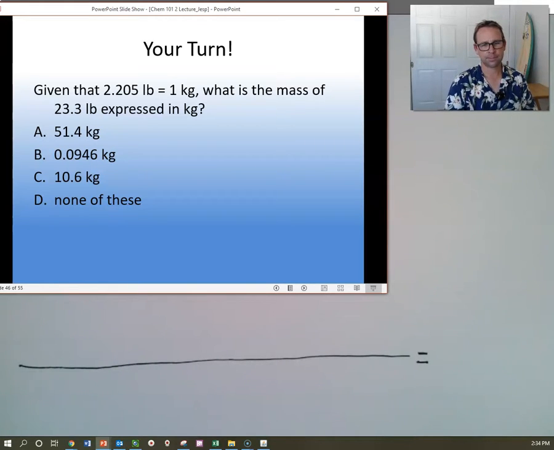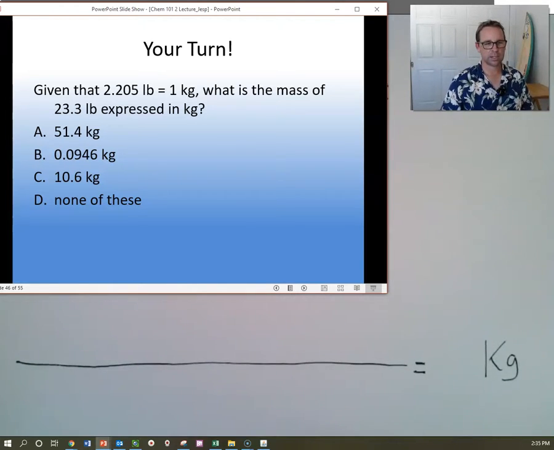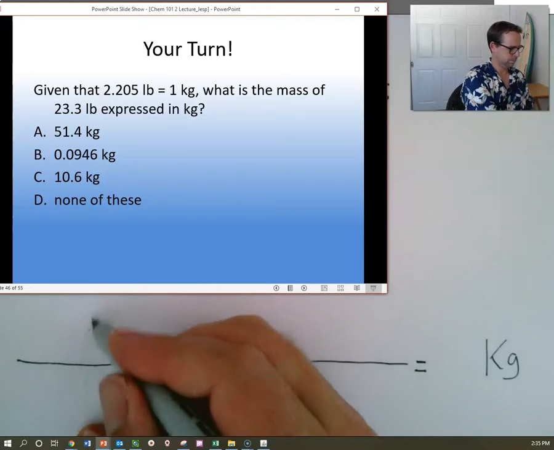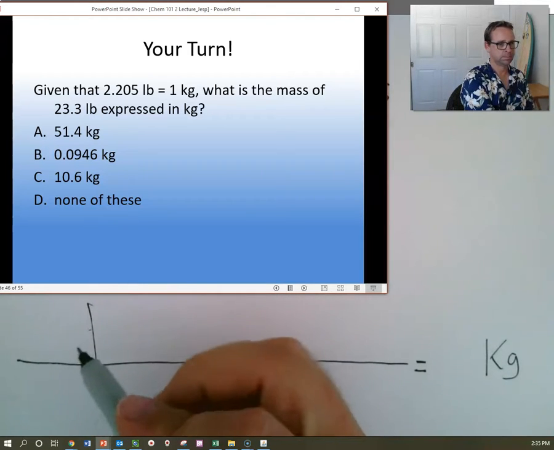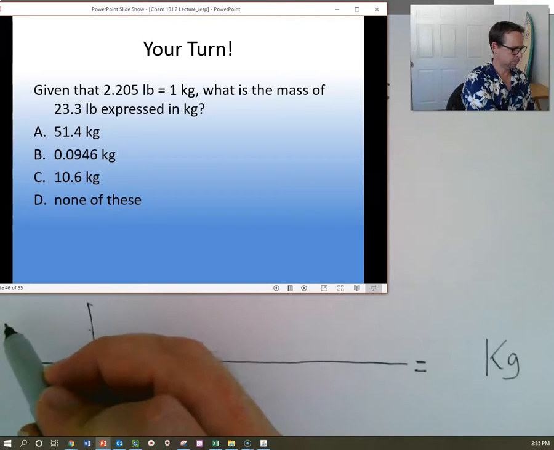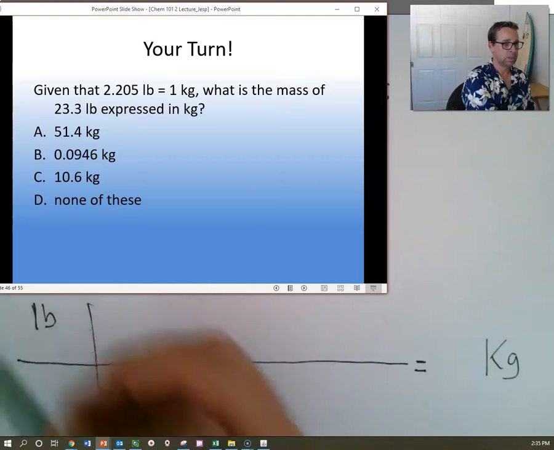We put the unit on the right side that we're looking for. In this case, we're looking for the kilogram. Very good. We're looking for kilograms. Excellent. What's next? And then on the left side, we start with our first, the line through, and we're going to go with the 2.205 pound.